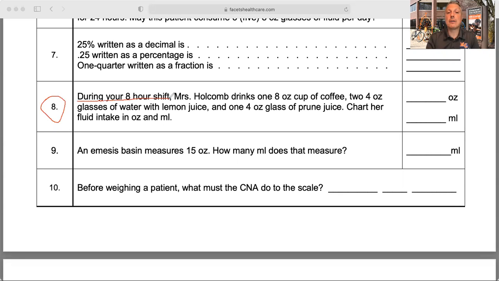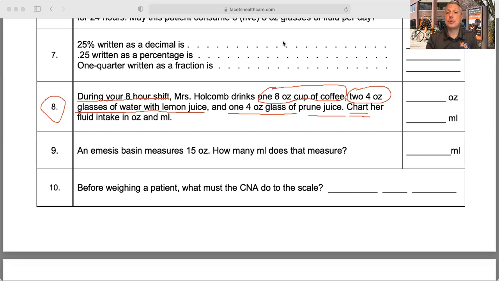You have, during your 8-hour shift, the nurse is there to notice that this patient here, Miss Holcomb, drinks 1 8-ounce cup of coffee, 2 4-ounce glasses of water with lemon juice, still a fluid, and 1 4-ounce glass of prune juice, which is juice as well. And we need to chart her, right?